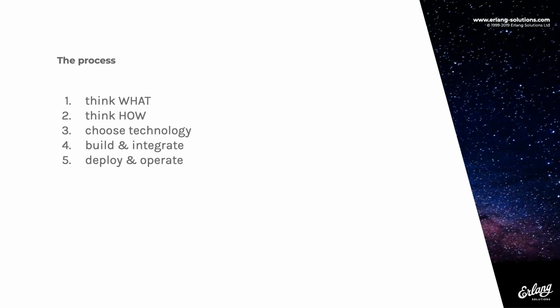Then there are two more stages. Once you know what to do, once you know how to do this, once you've chosen technology, then you have to build and run it. We are not going to talk about the last two parts because they are a straight consequence of the previous choice. So there's no use of talking about them. But we'll concentrate on these three items.